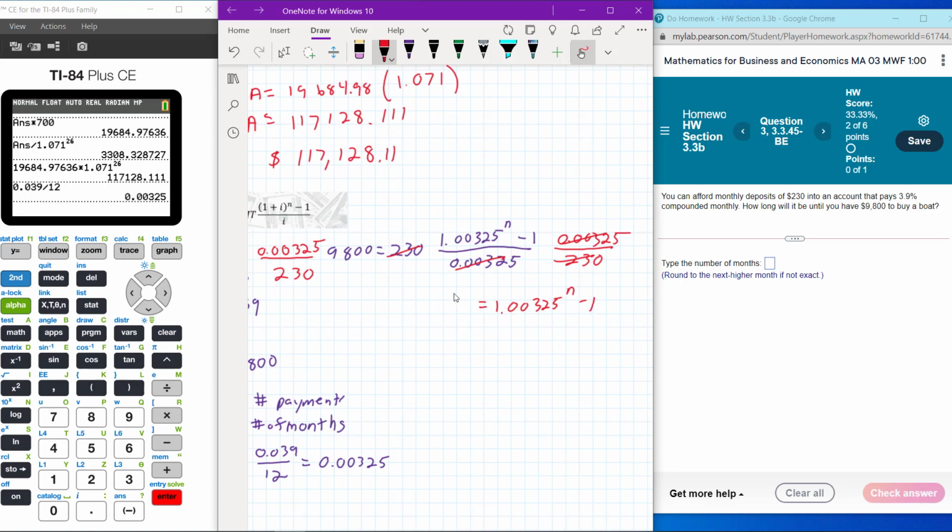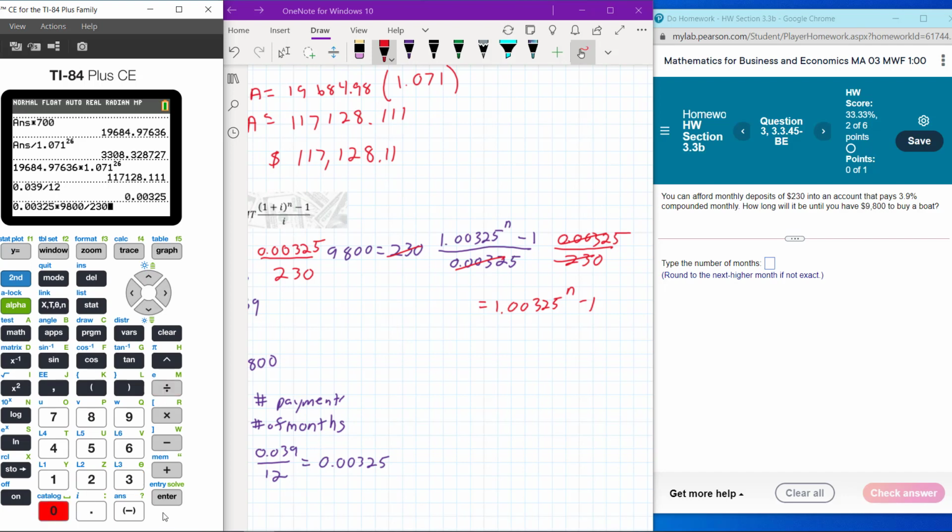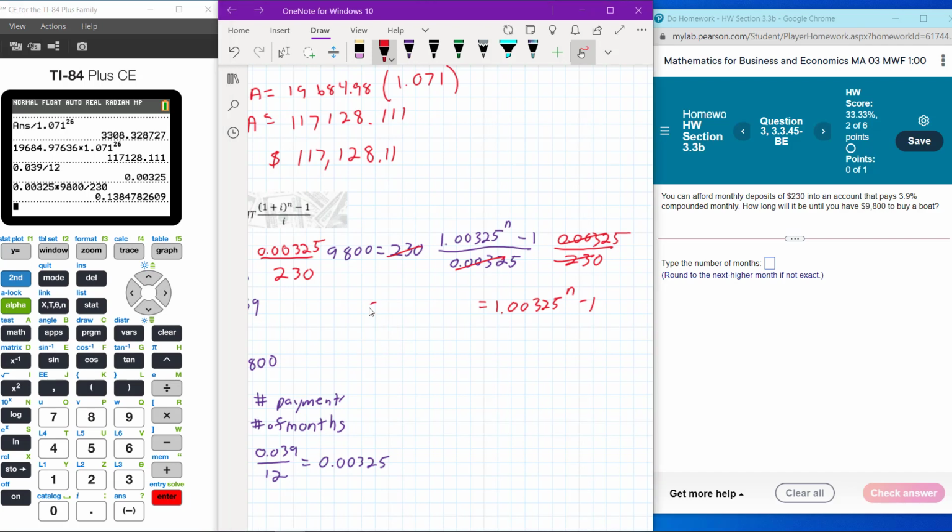On the left-hand side, we are going to have 0.00325 times 9,800 divided by 230. And that is going to give me that monstrosity right there. 0.138478 is equal to that.